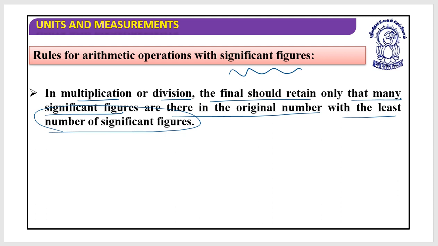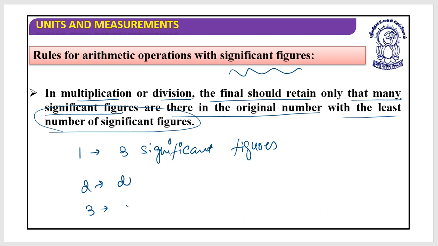So let's say number 1 has 3 significant figures, number 2 has 2 significant figures, and number 3 has 2 significant figures. And I need to multiply number 1 by number 2 by number 3.